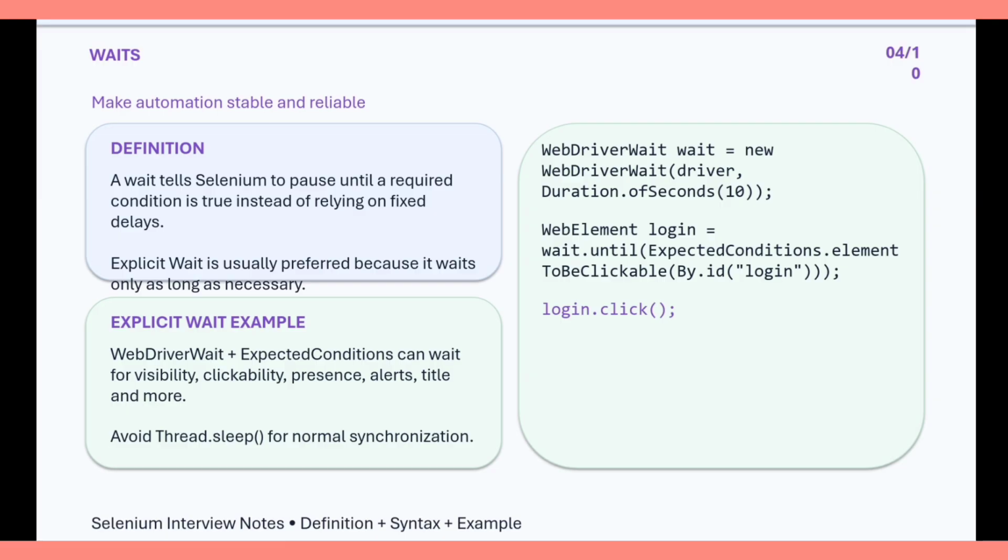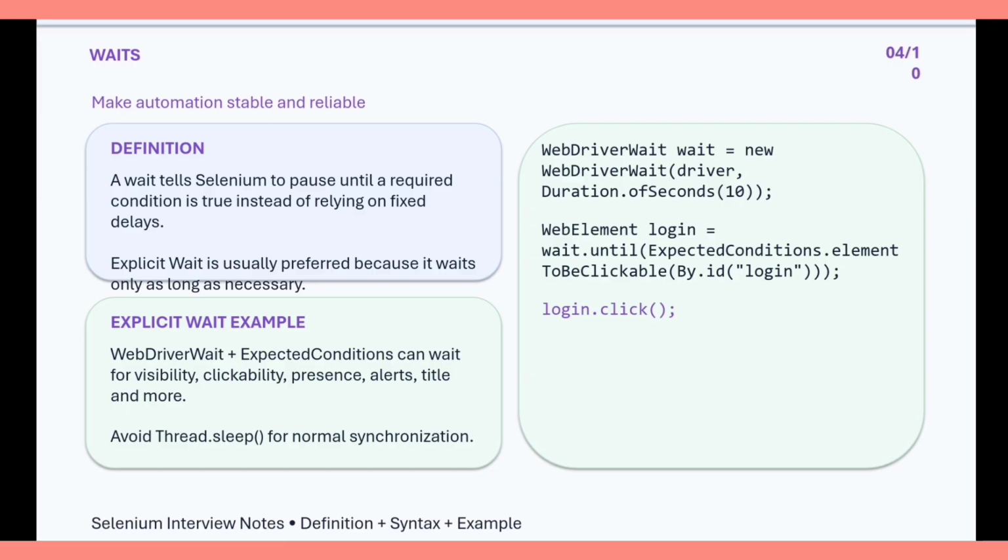For example, we can wait until a login button becomes clickable and then perform the click. This is much better than simply adding a fixed delay because Selenium waits only as long as necessary. We commonly use WebDriverWait along with expected conditions. So, waits help make our automation more stable and reliable.